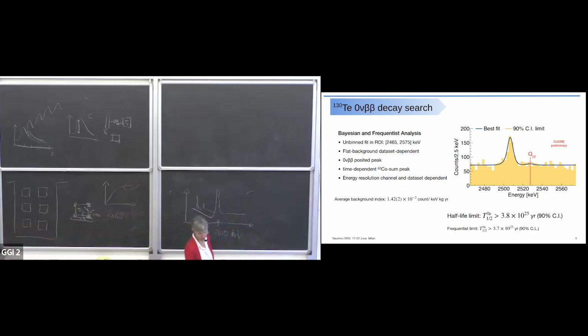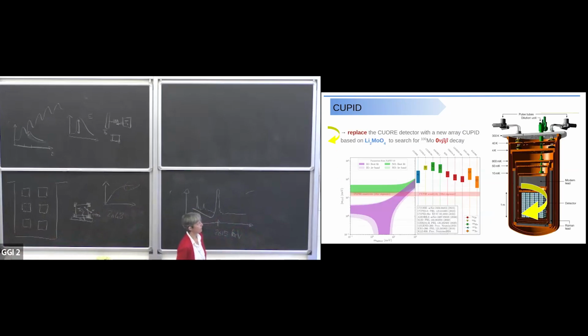So what could be the next step? This is the same plot I've already shown you. The next step is to be able to fully explore the inverted hierarchy region. This is the same goal of the other big experiments proposed in the world.